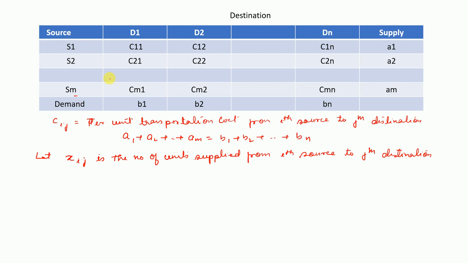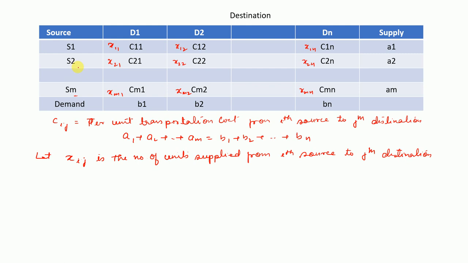It means here you can write x11, here x12, here x1n, and here x21, x22, x2n, and here xm1, xm2, and xmn. So these are the units from different sources to different destinations.